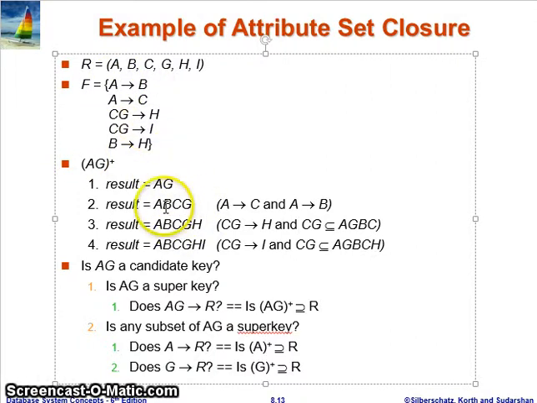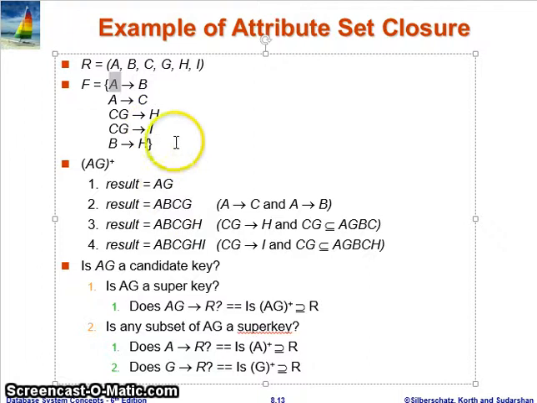We can derive B, C, H, I. Let's try one by one. Let's try to derive BC. We have AG, and with the help of A we can derive B. So we can add B in our result.